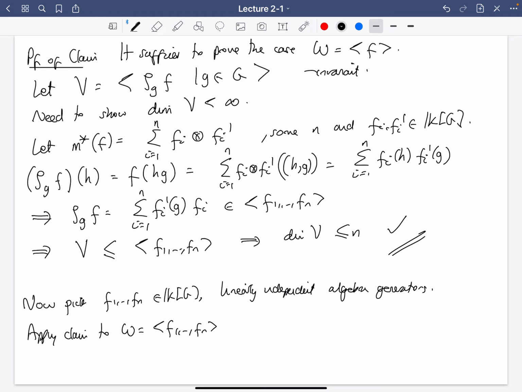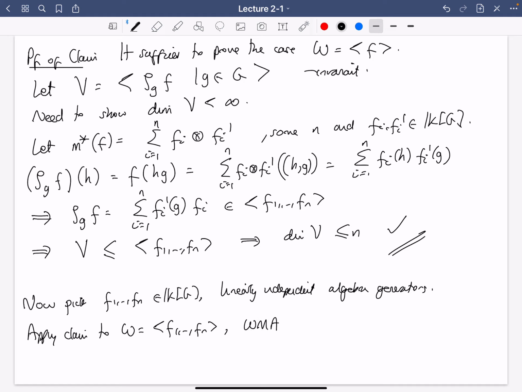I get this finite dimensional vector space V containing W, which is invariant under all right translations. This vector space might get bigger, and then I'll pick a new basis for that V, and I'll get maybe a slightly larger set of linearly independent algebra generators for K of G, and I'll just replace.